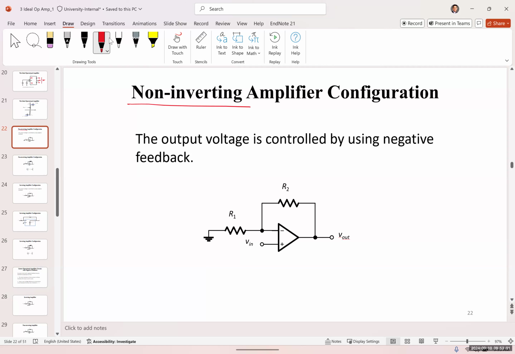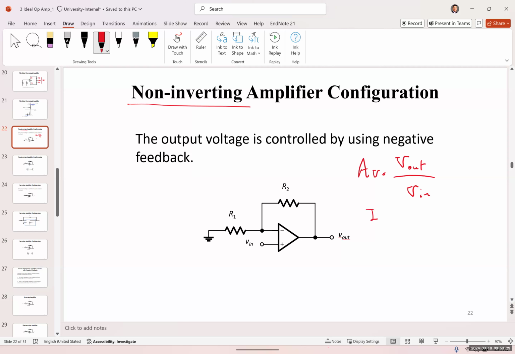Now I want to find the gain of the system, or Vout over Vin. So the first thing I want to do is use the principles that I had for an ideal op amp.